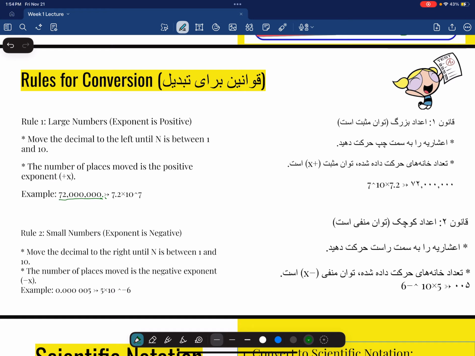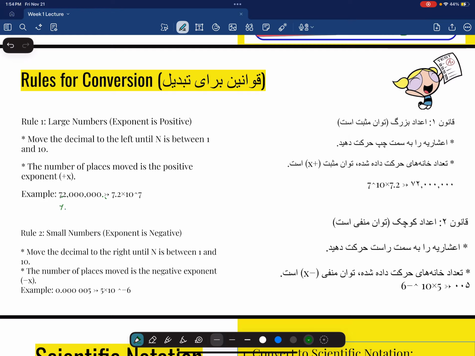To write this in scientific notation, we want only one number in front of the decimal, so we move it to the left. Since we're moving it to the left, it's going to be a positive exponent. It goes 1, 2, 3, 4, 5, 6, 7. So we ended right over here.